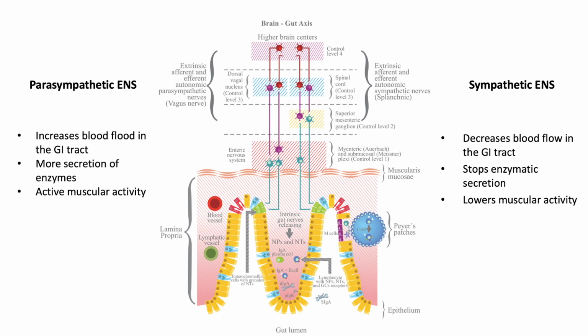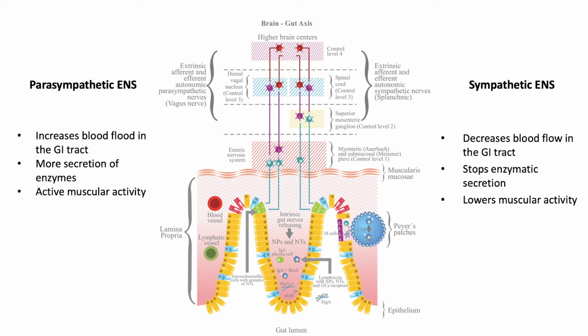So the enteric nervous system is connected to the central nervous system via sympathetic and parasympathetic pathways, forming the brain-gut axis. Here we can see four levels of the brain-gut axis control the synapses involved, which is shown by the dots.